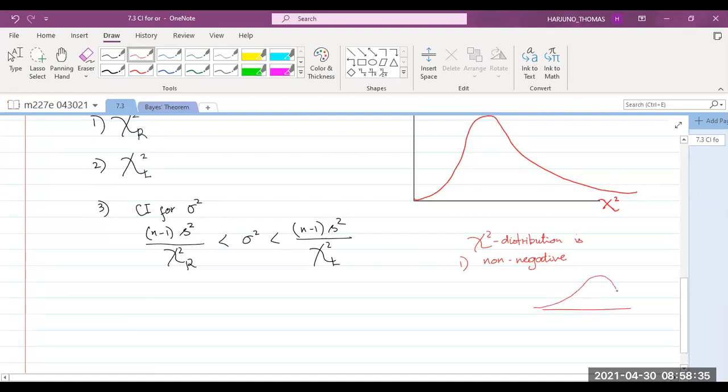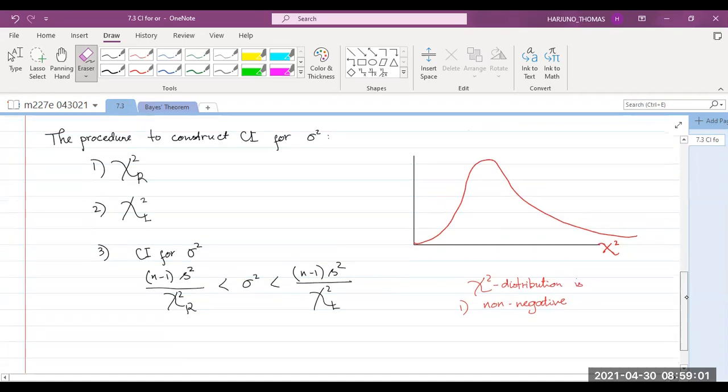Our T distribution and standard normal distribution are actually symmetric around 0. If you have 95 percent confidence level, then the critical score here is the opposite of the score there. Now that is not the case for chi-square distribution.